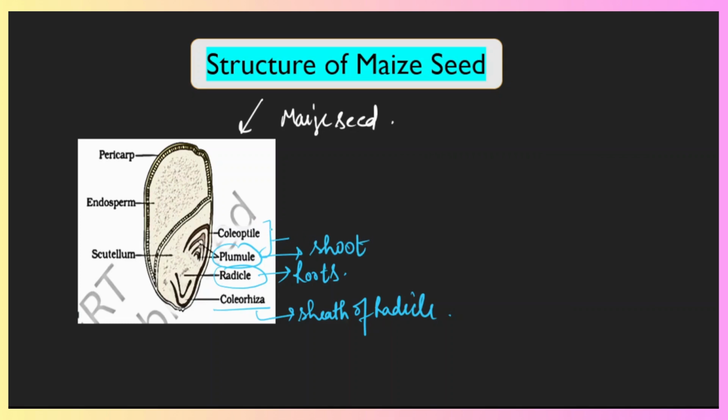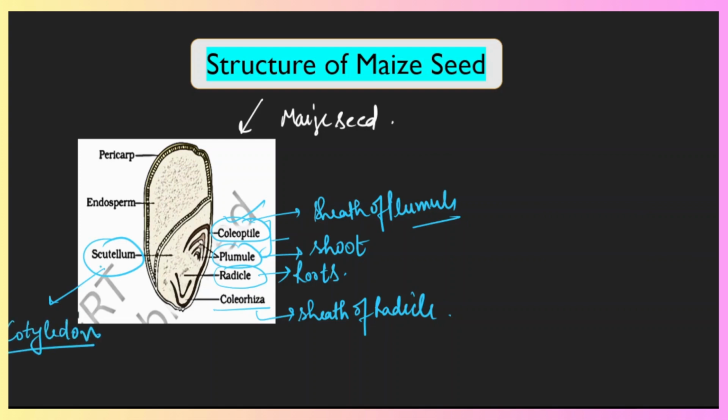The covering or sheath of the plumule is the coleoptile. I hope these terms are clear to you all. And the scutellum contains the cotyledon. In which type of embryo is the scutellum present?